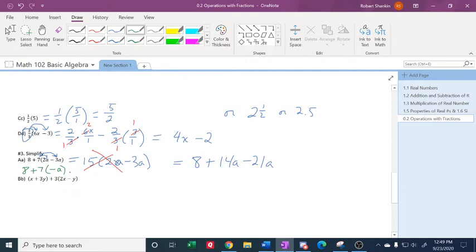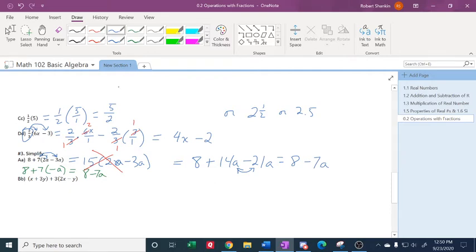Alright, if we did it this way, you're going to get 8 minus 7a. If we do it this way, we get 8, and then we combine these two like terms. 14a minus 21a. You don't get a squared or anything like this. That was a topic of last time. You get minus 7, and then the a just tags along. Okay, either way, we get 8 minus 7a. A couple different ways we could go about doing it.